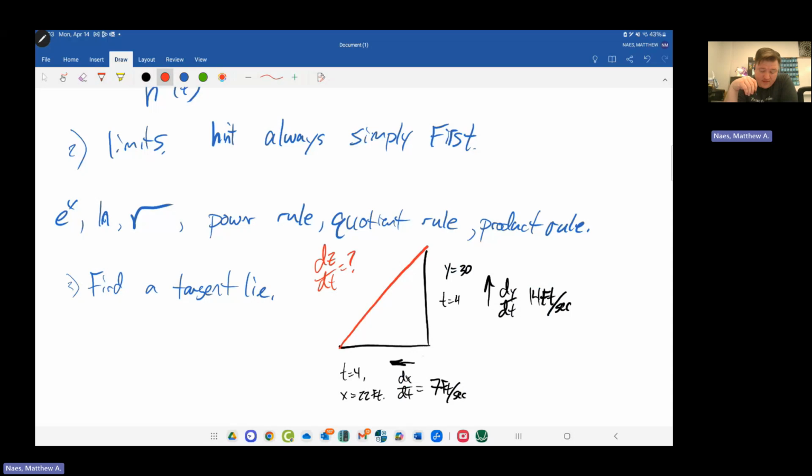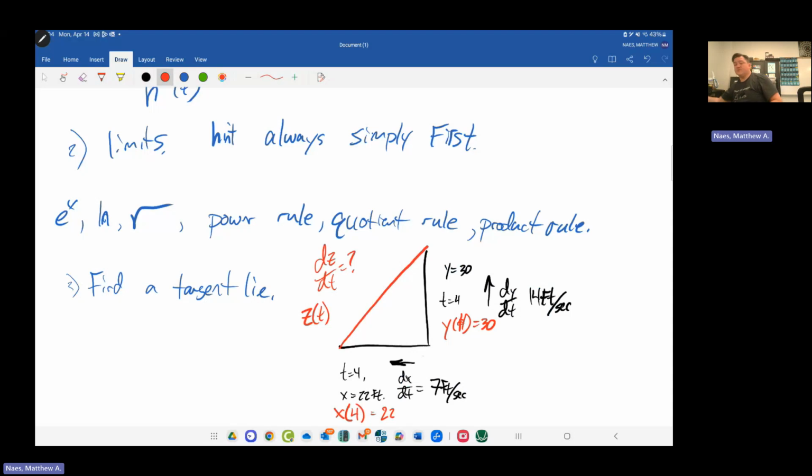So now this is a right triangle, and I'm trying to find the hypotenuse. First, I'm going to need to actually find what z is. z of t, specifically after 4 seconds. So here we have x of 4 seconds is 22, y of 4 seconds is 30. So do your Pythagorean theorem.